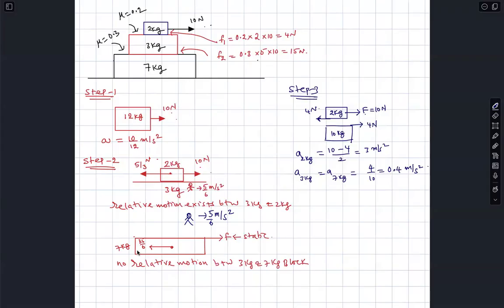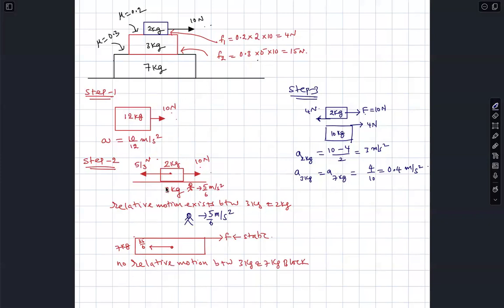That is the only motion tending force. So that is opposed by friction, but friction has a limit till 15 newtons. But your motion tending force is hardly 6 newtons. So what nature of friction exists between 3 kg and 7 kg? Static.